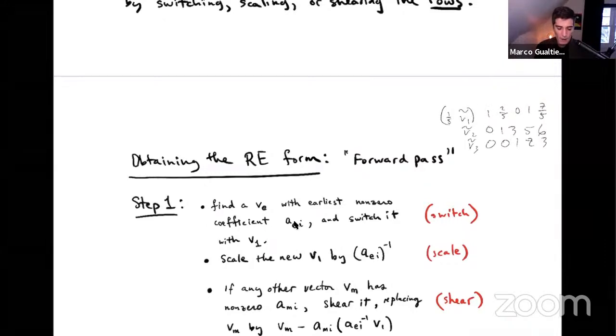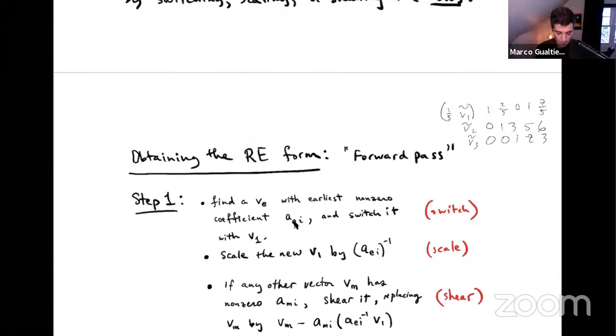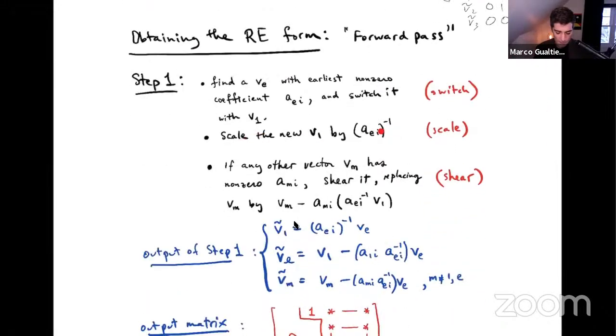So now I modified my original list so that the earliest non-zero coefficient occurs in the first row with leading coefficient 1. That's part of step 1.